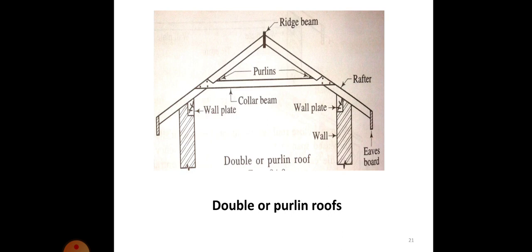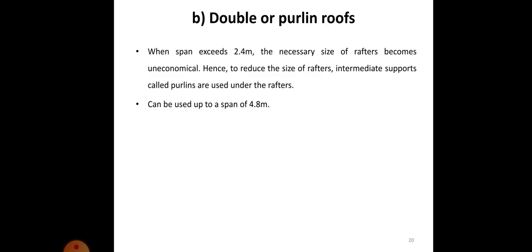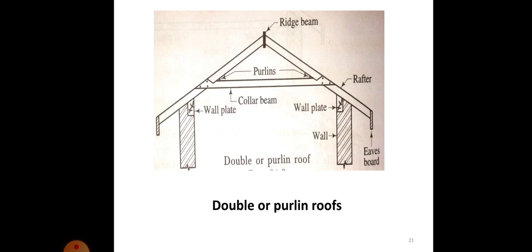So this becomes more uneconomical. In order to overcome this, or to reduce the size of the rafters, we provide intermediate supports so that even with a thinner section the structure will be more stable.